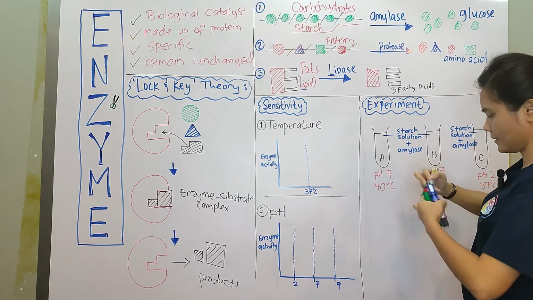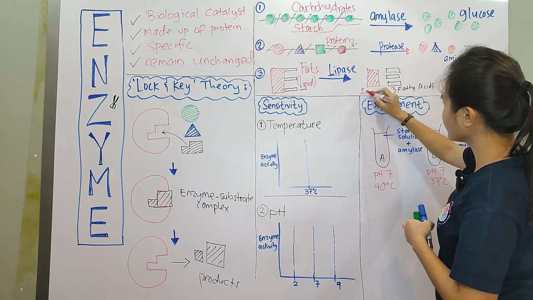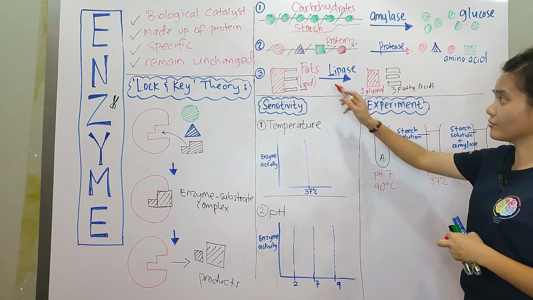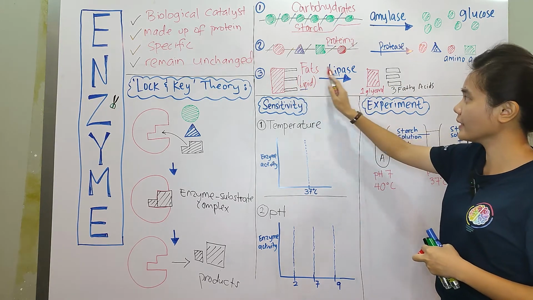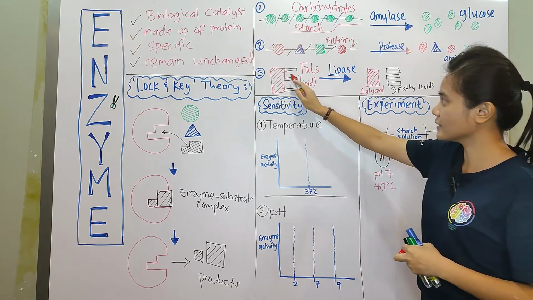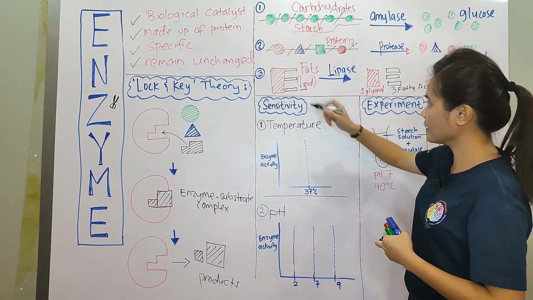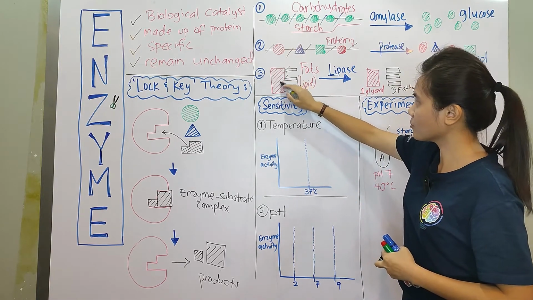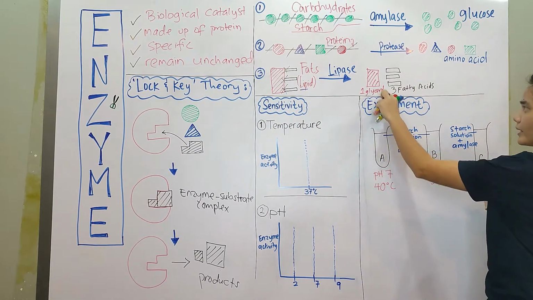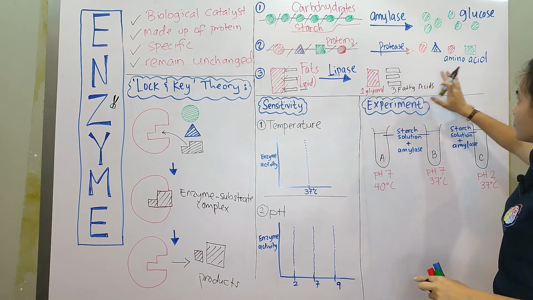So fats is broken down by lipase into one glycerol and three fatty acids. The chain here got broken down, it is cut by the lipase. So you have one glycerol and three fatty acids. So these are the products.